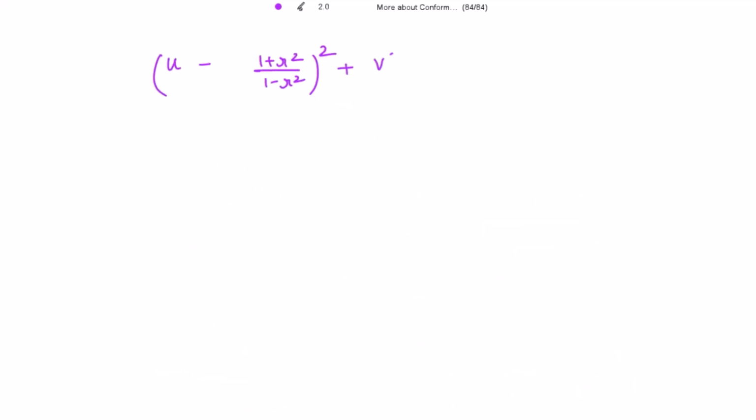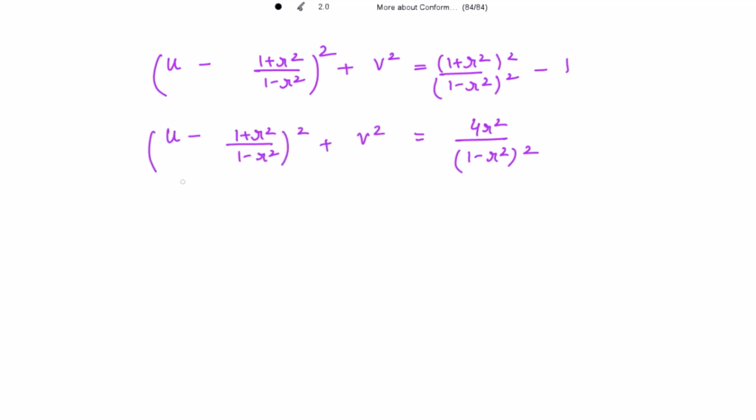So this is plus v square equal to (1 plus r square over 1 minus r square) whole square, because it is a whole square, taking square separately in the numerator and denominator, minus 1. So if you solve this right hand side, you get 4r square divided by (1 minus r square) whole square, and the left hand side as it is.